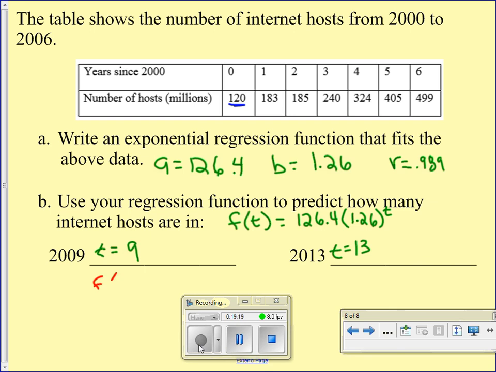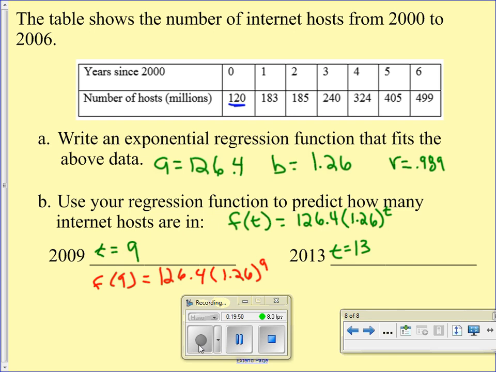So f of 9, 126.4 times 1.26 raised to the 9th power. Plug that into the calculator. 126.4 times 1.26 raised to the 9th power.